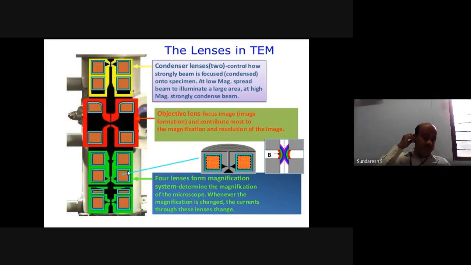Whenever the magnification is changed, the currents through these lenses change. So these are the different lens systems in the transmission electron microscope. In the electron microscope, the most important things are the basic principle, working, advantages, disadvantages, the imaging modes we have, and finally the applications. These are the important things you are supposed to remember in the case of a transmission electron microscope.